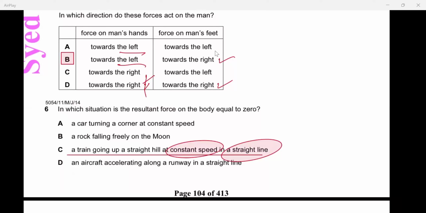Car turning around a corner, constant speed तो है, लेकिन turn कर रहा है. Turning is due to force. So ये नहीं हो सकता. Fall कर रहा है on the moon, तो नहीं हो सकता.